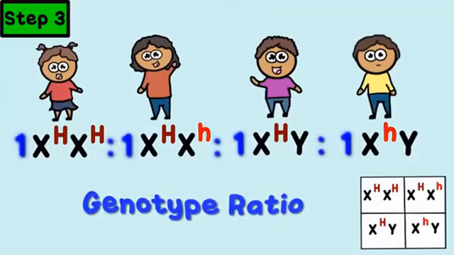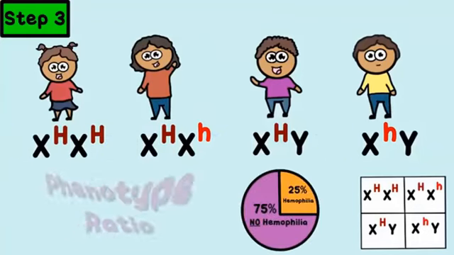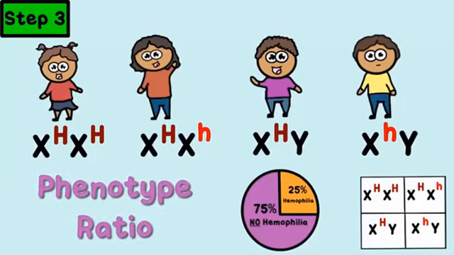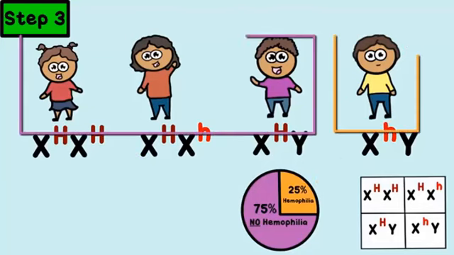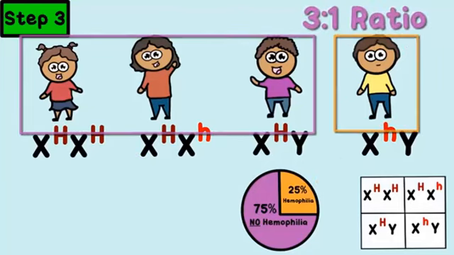The genotype ratio could be written out like this. The phenotype ratio, remember that these are the observable traits, can be written out that there is a 75% chance that the child will be born without hemophilia and a 25% chance that a child would have hemophilia for this boy here. You could also make this a ratio, so 3-to-1.